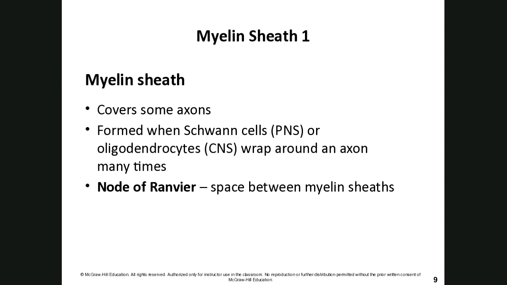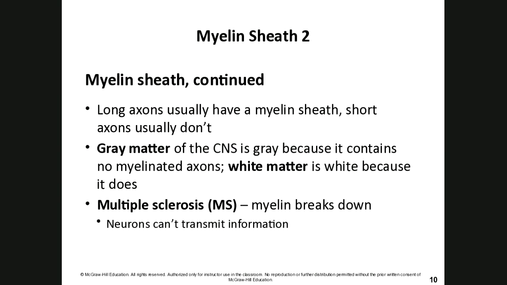If the Hulk is jumping from this area to the next area and to the third area, he's going to get to that area a whole lot faster than somebody that has to run or fly that entire distance, because he can just jump over those portions that they have to fly through. So nodes of Ranvier are those spaces between the myelin sheath where the action potential is generated. The long axons usually have a myelin sheath where short axons don't.